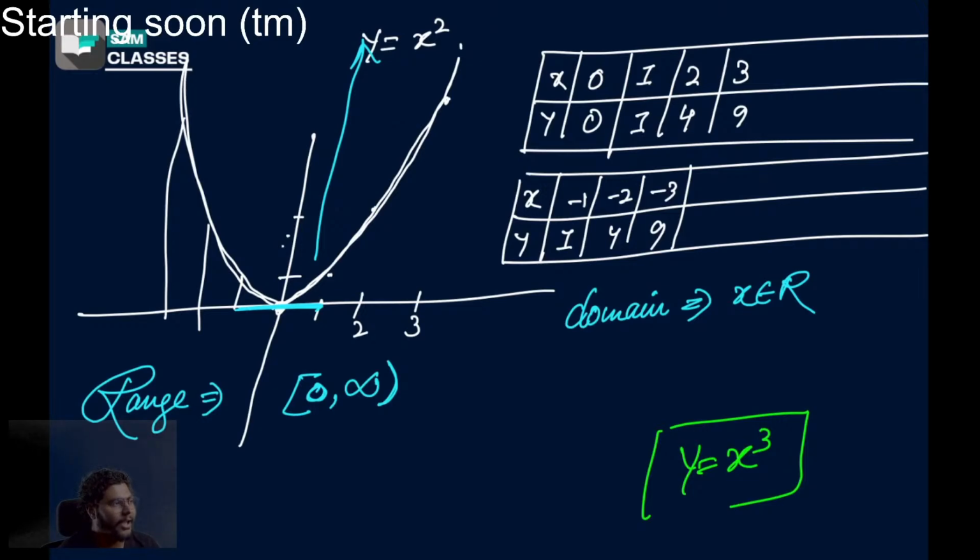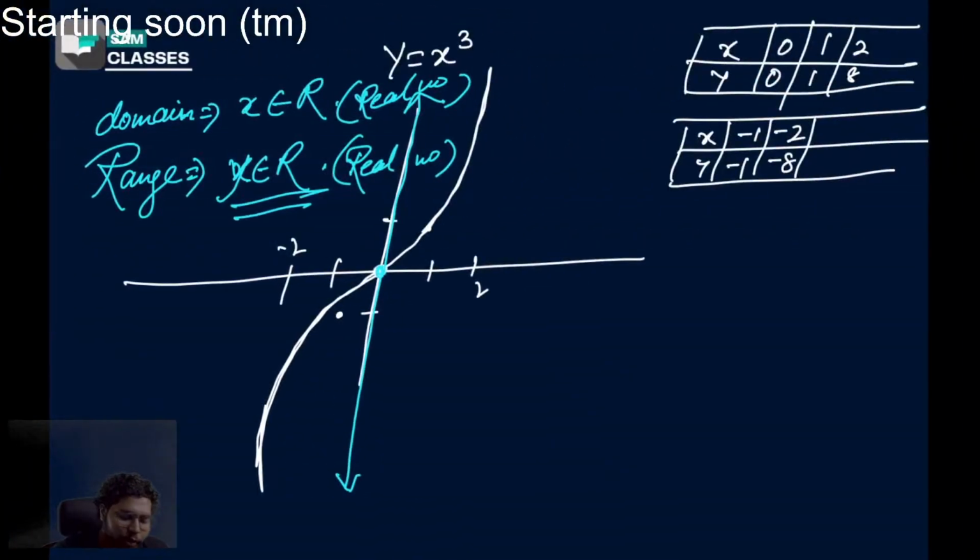Yes, okay, this is the correct answer: range R, domain R, correct. See, there is no difficulty in x cube. Whatever values of x you put, you'll get y. For 2, 3 it will go up, for negative values it will go down. So the domain will be all real values. The range is all real numbers. So there is no difficulty. Clear? So why was there the thought of range plus minus?